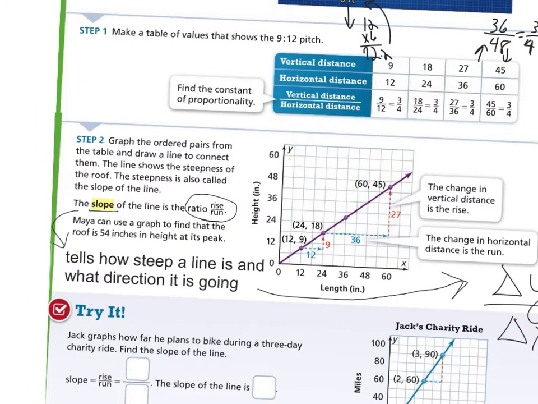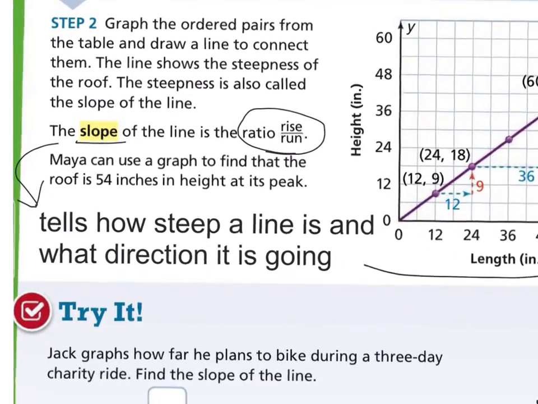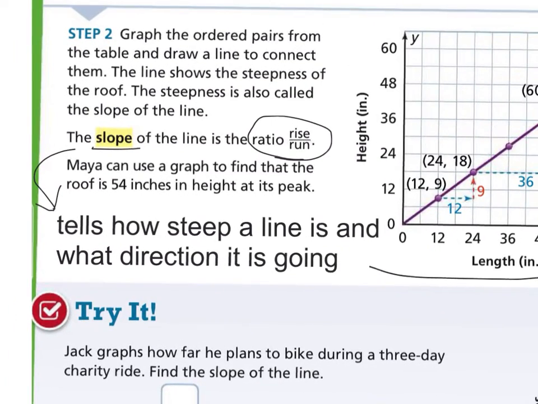So this brings us into the idea of slope. The book talks about this line that they've drawn here. It shows the steepness of the roof. So slope, one way of looking at it, is a ratio of rise over run.